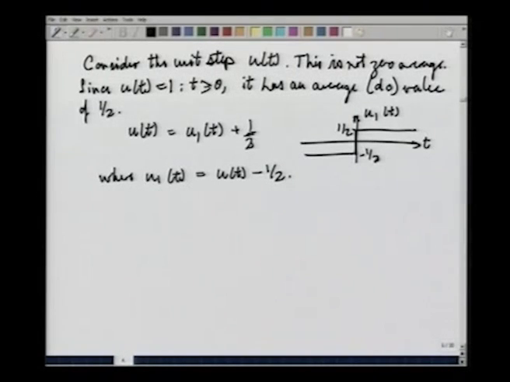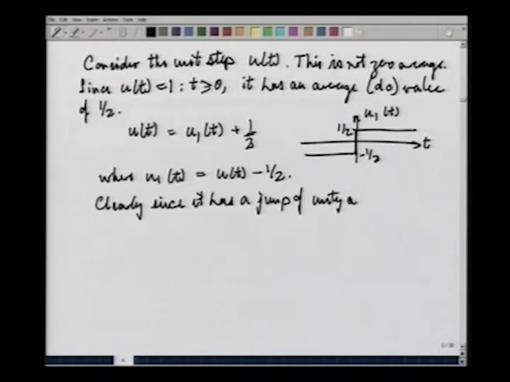This is u1 of t. Now, clearly, since it has a jump of unity at t equal to 0, du1 by dt equals delta t, which has a Fourier transform, as we know, of unity.